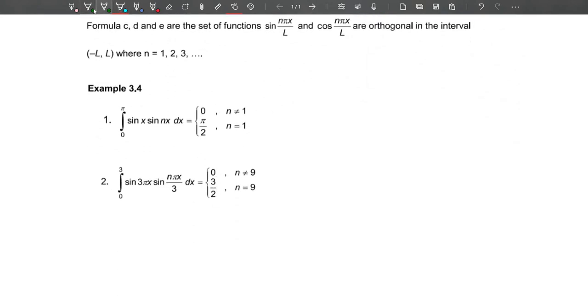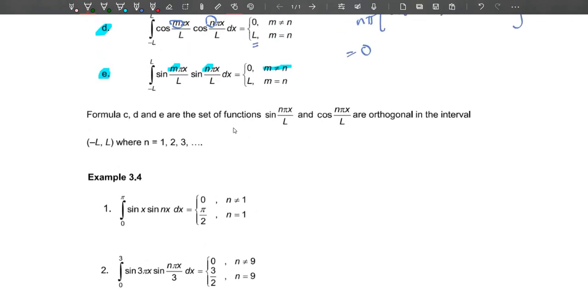Here we have the integral of sin x sin nx from 0 to pi with respect to x. It is equal to 0 when n does not equal 1 and pi over 2 when n equals 1. The reason behind it is, back to the formula here, we have sin x, sin nx. That means you want to determine what the value of m is.